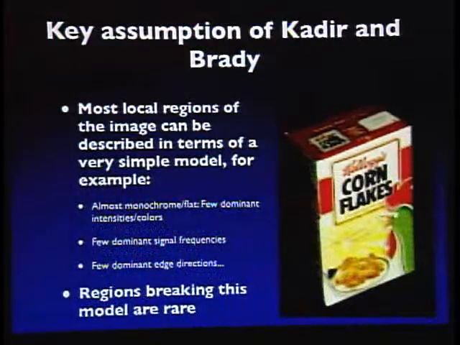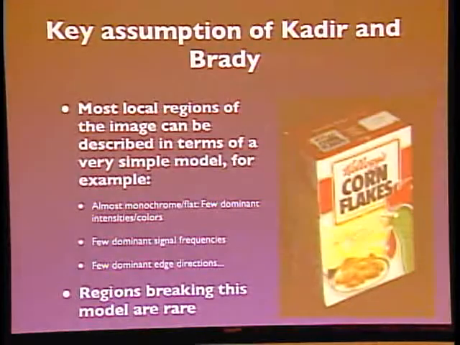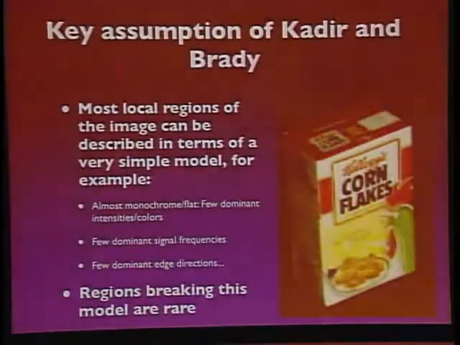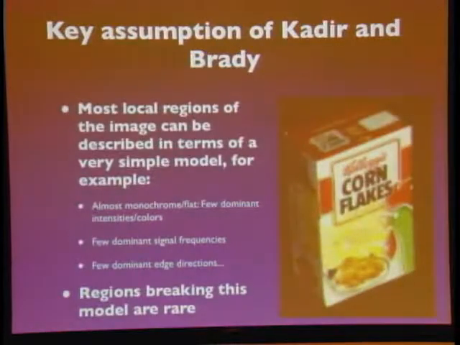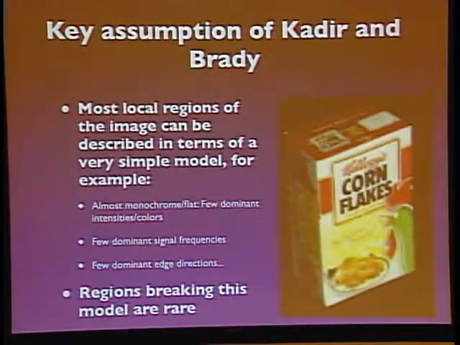And you can think of other examples of this where you can isolate regions of the image and tell a simple story that tells the entire story of that image region. And regions that break this mold, that you cannot tell a simple story about, are rare, they don't happen that often. So that's basically the key assumption of this work.